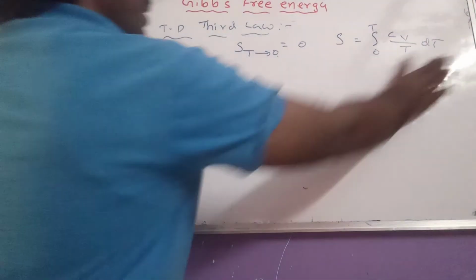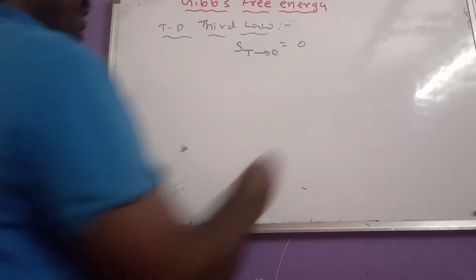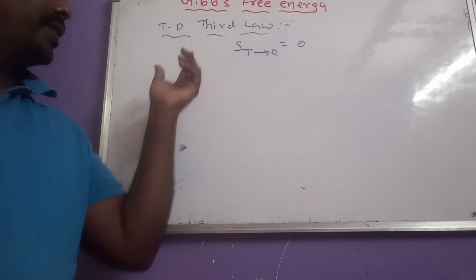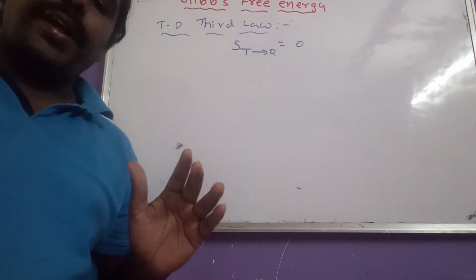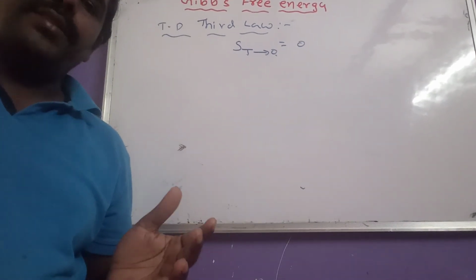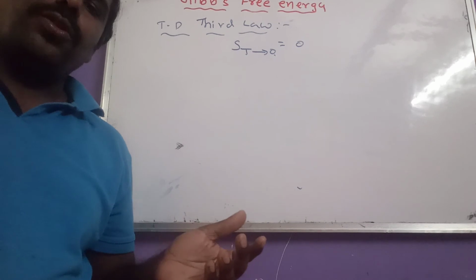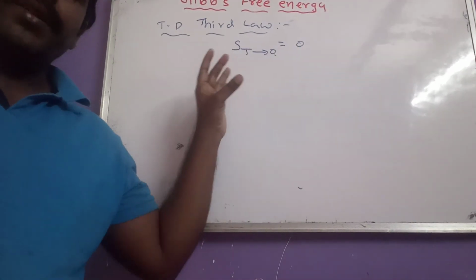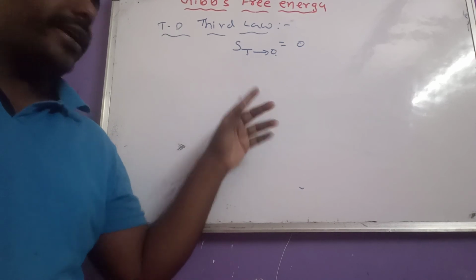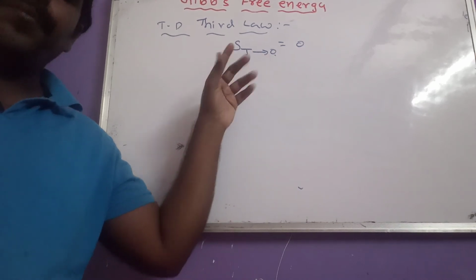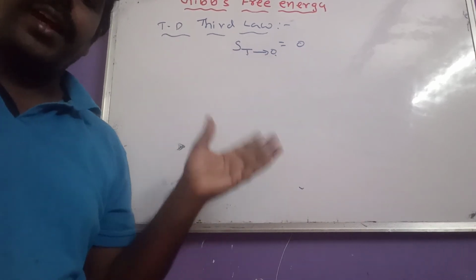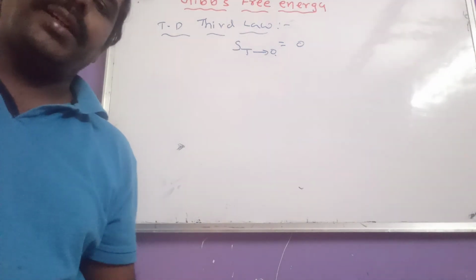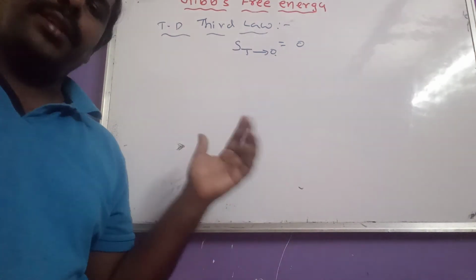According to the third law of thermodynamics, the entropy of a perfectly crystalline substance at absolute 0 is equal to 0. That means it is just giving a limitation on a known concept, not any new concept. So this is regarding the third law of thermodynamics.